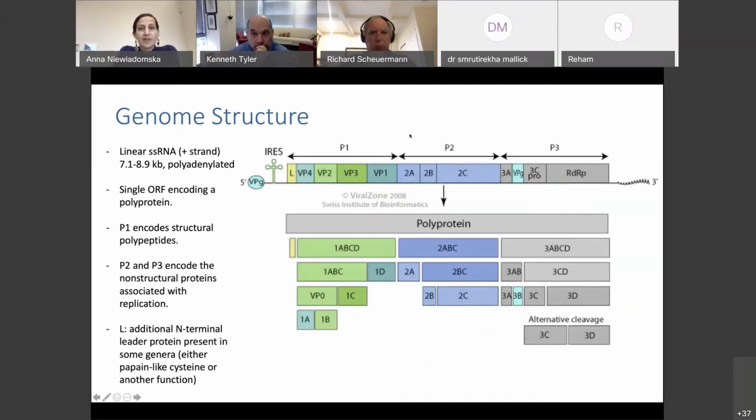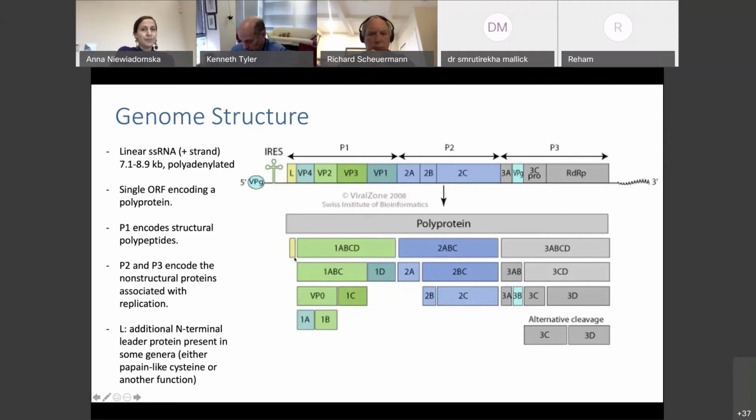And this is divided into about 3 different regions: P1, which contains the structural proteins, and P2 and P3, which contain the non-structural proteins that are associated with replication and modulation of host response. So after this polyprotein is translated, it then gets cleaved into a series of smaller proteins, and these in turn are cleaved into more proteins.